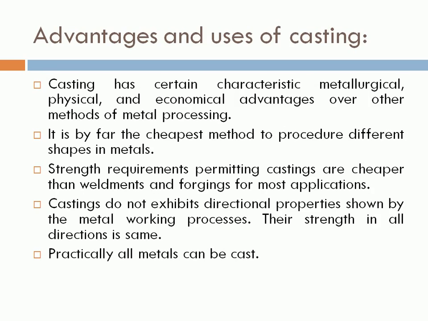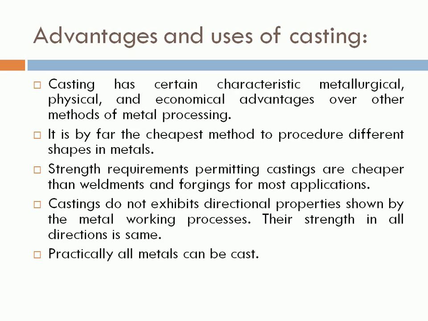Casting has certain metallurgical, physical and economical advantages over other methods of metal processing. Why? Because if we compare it with different manufacturing processes on the basis of the structure of the metal, molten metal and mold, we can see the advantages of casting at these different stages. It is by far the cheapest method of producing different shapes in metals.